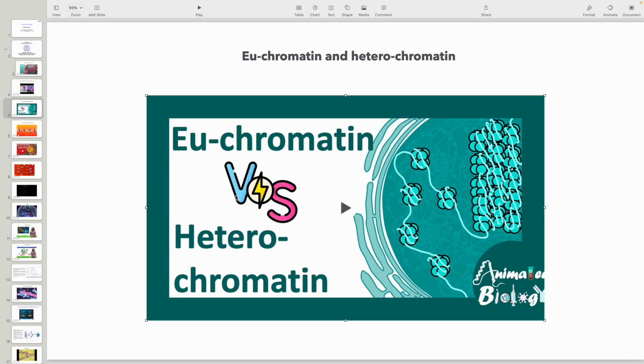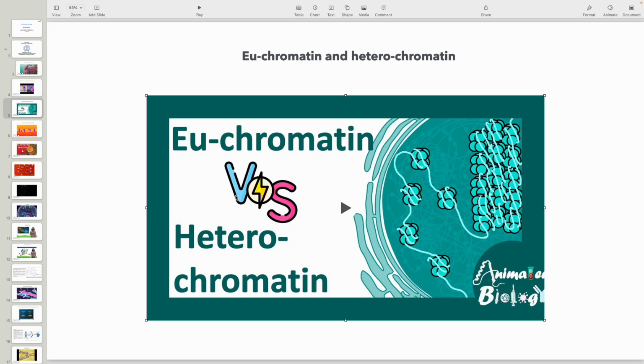And why do we need this packing? Because DNA is comparatively large in size, so we need the compaction of DNA in order for it to fit in the nucleus. Our DNA is around 2 meters long. So you can imagine, if the DNA is 2 meters long and the cell is so small, how can this 2 meter DNA be packed in a nucleus, not even in a cell?